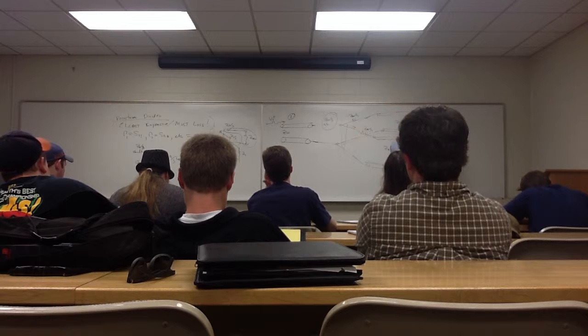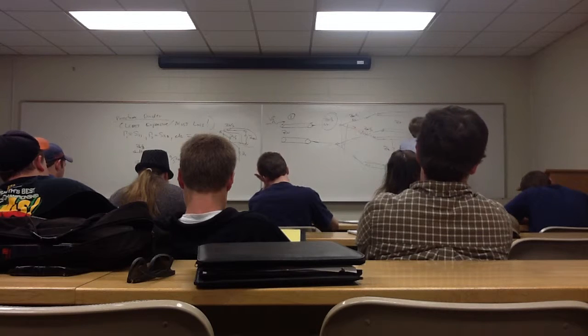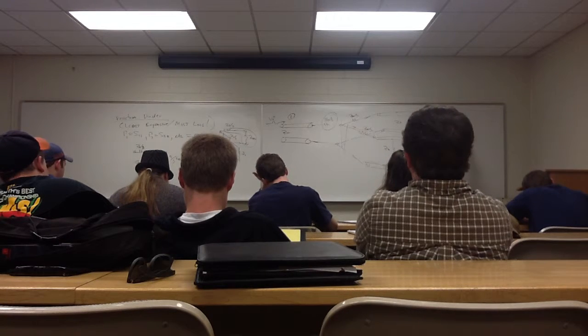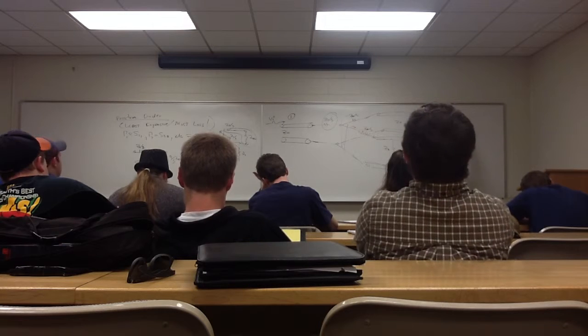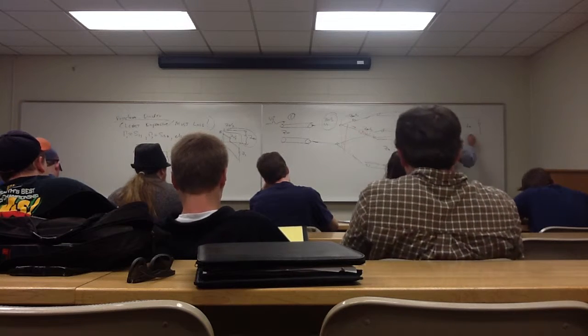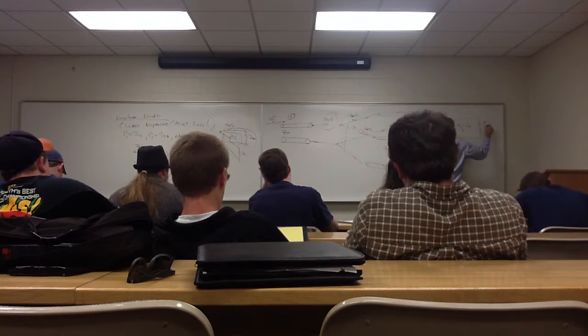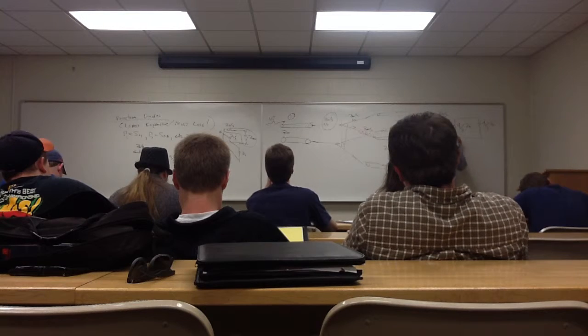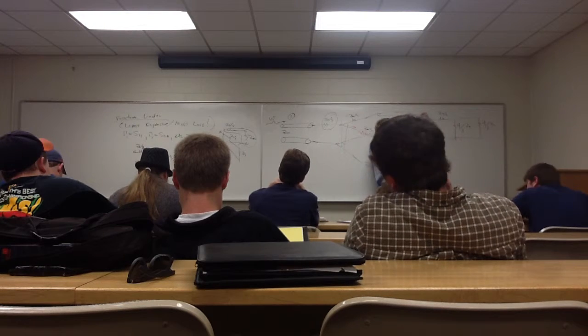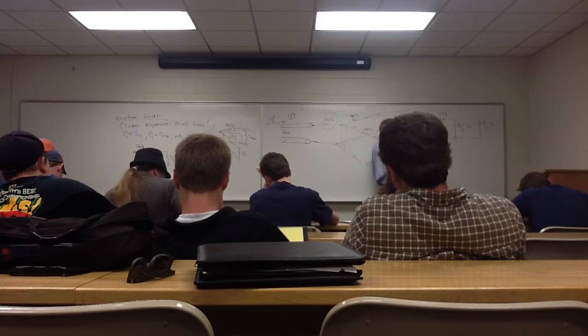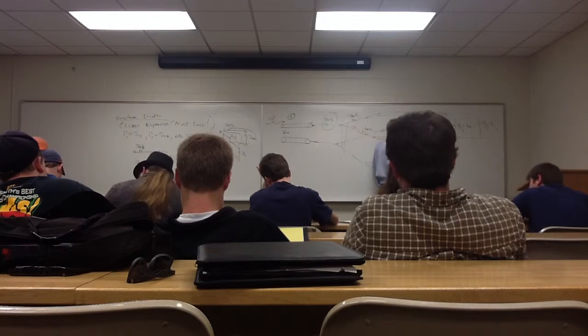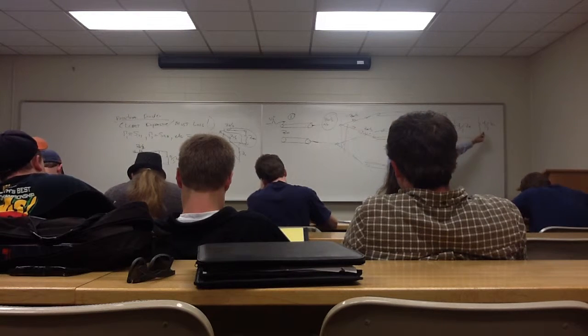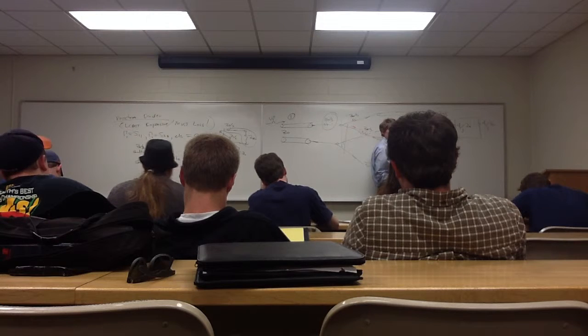This is Z naught over 3 in parallel with 4/3 Z naught in parallel with 4/3 Z naught. Means the input impedance right here, Zn, is equal to, this would be 2/3 Z naught if we looked at the total.